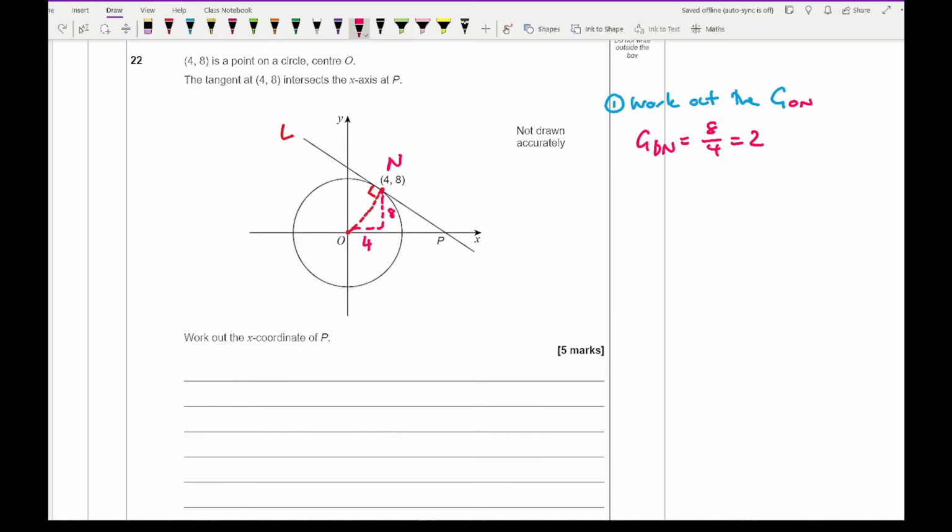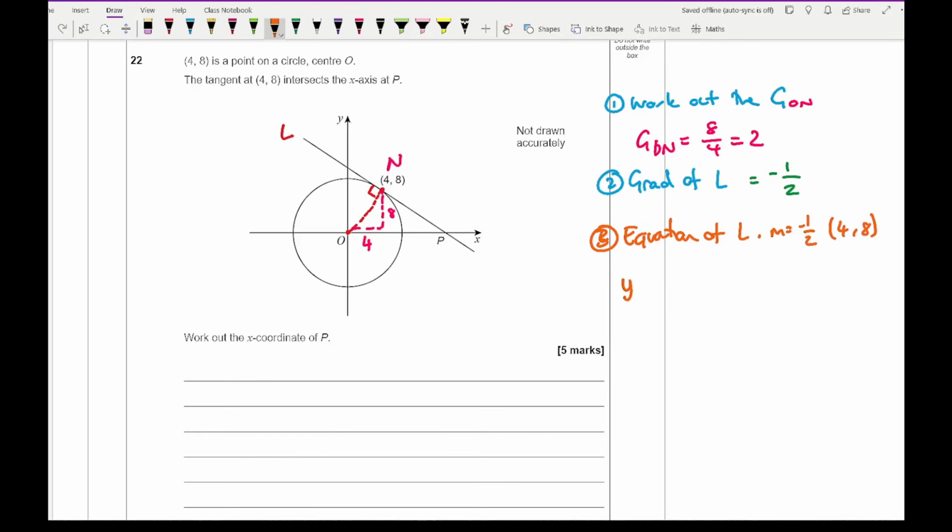Now that means that the gradient of L is going to be the negative reciprocal, so it's going to be minus 1 over 2. Then I can work out the equation of the line. So number 3 is the equation of L, using m equals minus a half and the coordinates of 4, 8, because that's the point that lies on the line.